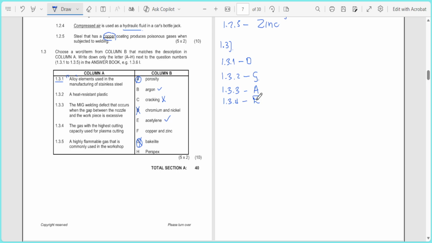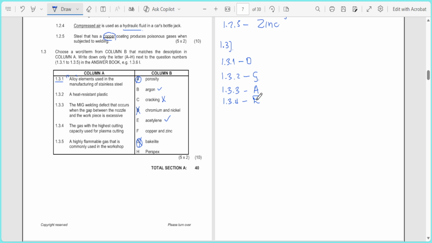While plasma cutting primarily uses compressed air, argon, or nitrogen, the question actually tests the knowledge of thermal cutting capacity. Acetylene has the hottest flame temperature of about 3,000 degrees among cutting fuel gases.